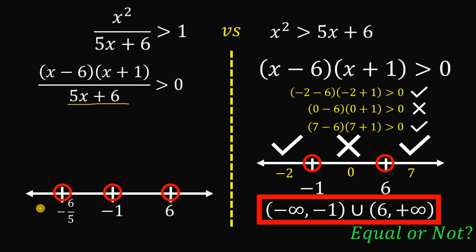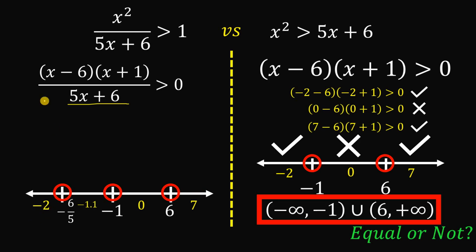Now, we want test points. So from the interval less than negative 6 over 5, let's have negative 2. Between negative 6 over 5 and negative 1, let's choose negative 1.1. From negative 1 to 6, let's choose 0. And greater than 6, let's choose 7. Now, let's use again the sign analysis test.